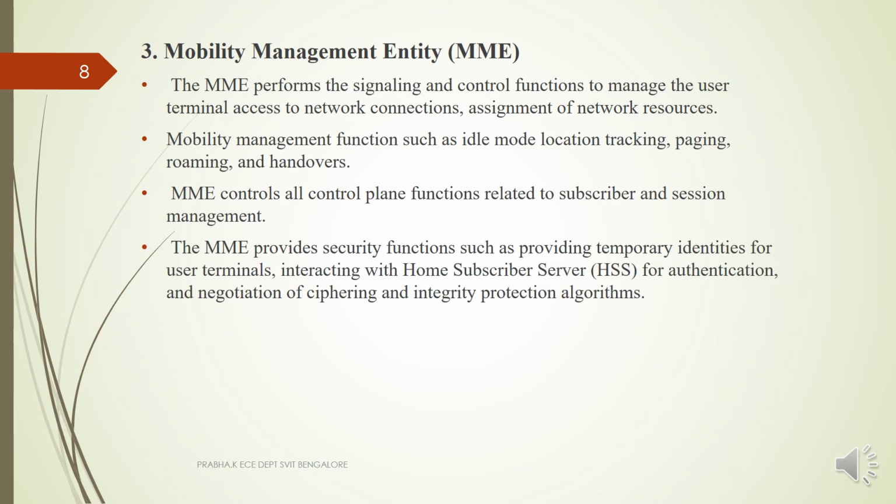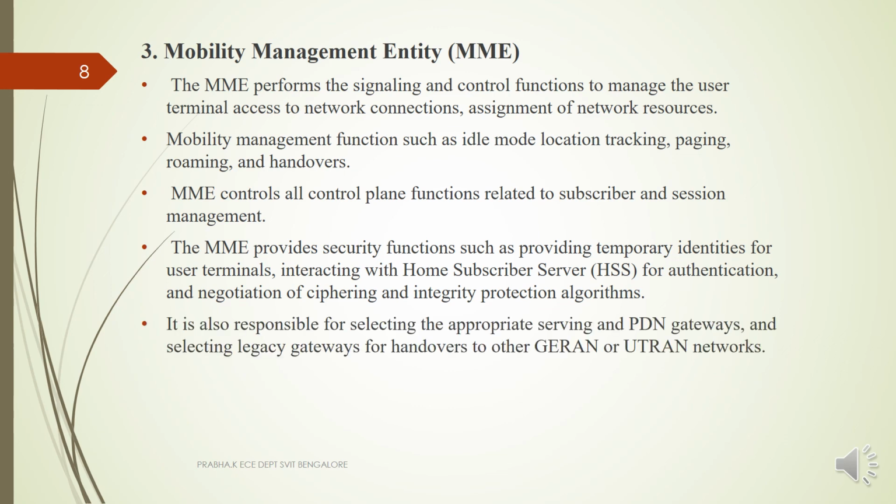It provides security functions such as providing temporary identities for user terminals, interacting with home subscriber server for authentication and negotiation of ciphering, that means coding, and integrity protection algorithms.